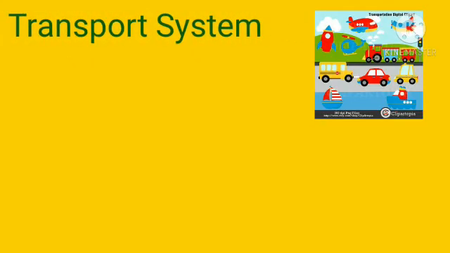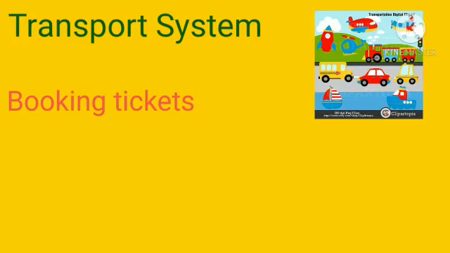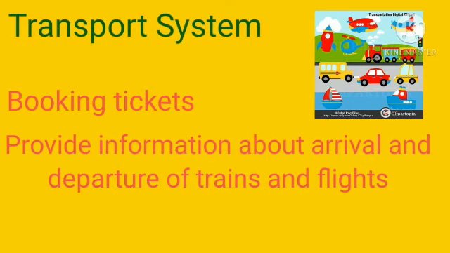Next is transport system. Computers are very useful in transportation today. They are useful in both land and air transportation. Computers help in booking tickets and provide information about the arrival and departure of trains and flights.